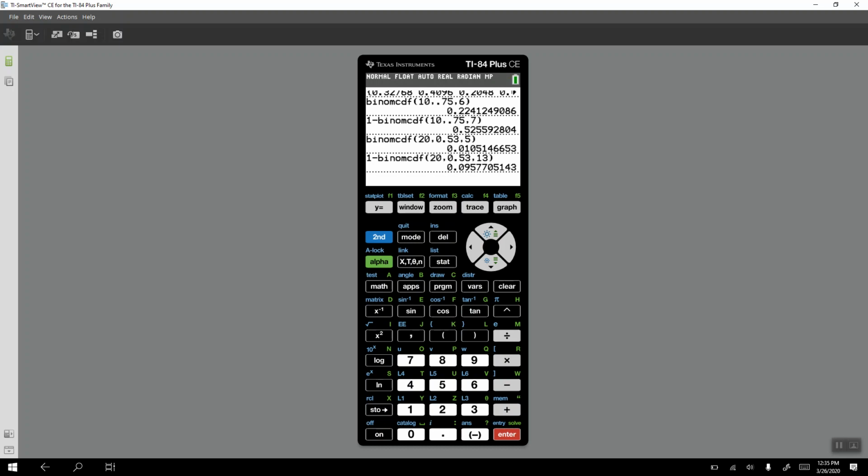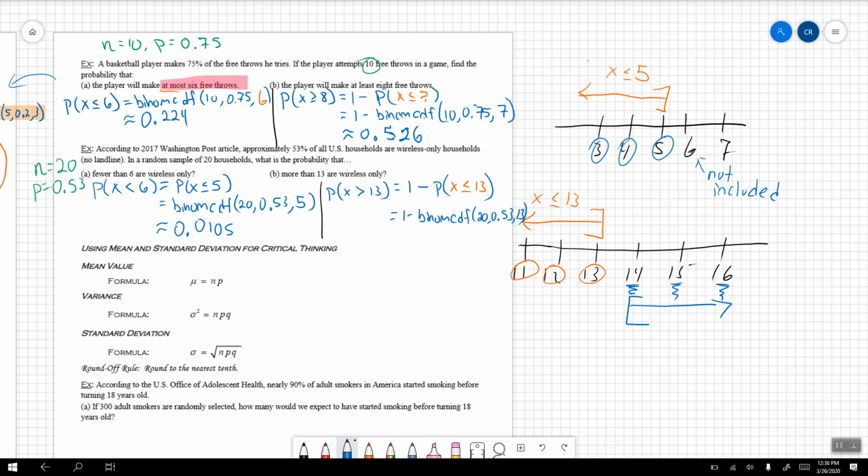Press enter, and we get a probability of 0.09577, and so on. We're going to approximate that as 0.0958. And there we go. That's all there is to it.